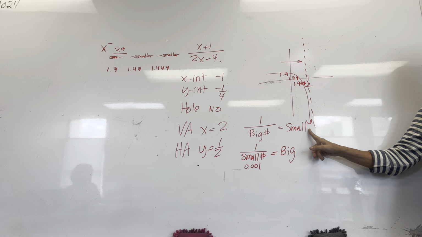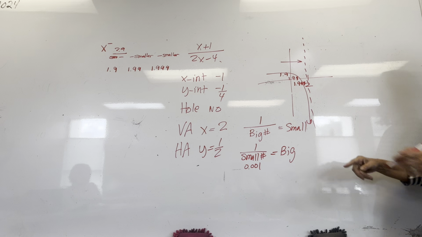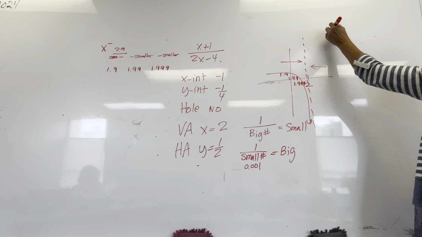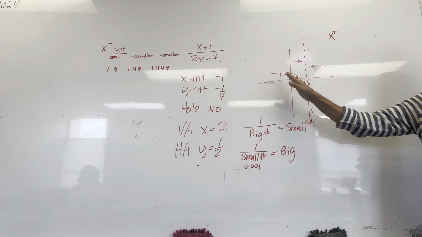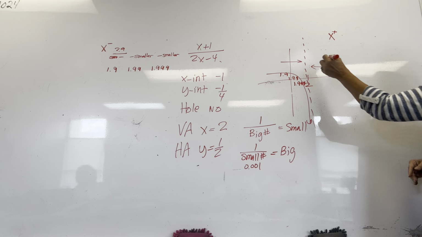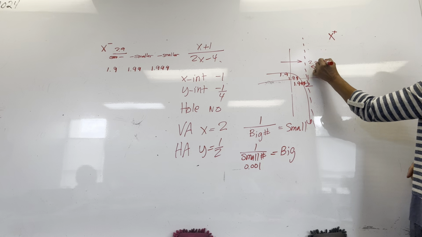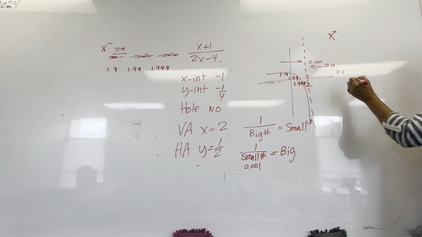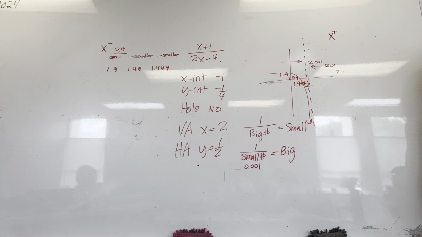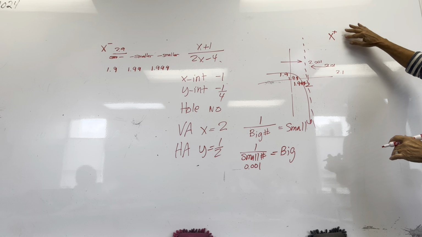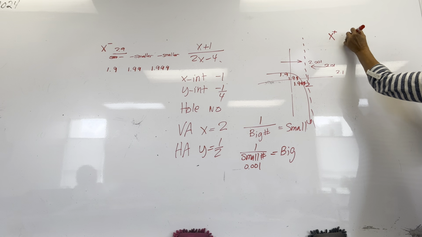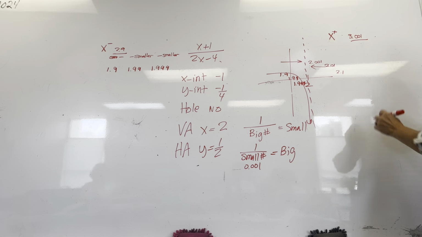Got it? Because that big little concept. All right, from the right, so as x approaches from the right, we're going to go just above 2. So we're going to look at 2.001, 2.01, 2.1. When I put in 2.01, we still have a positive number, right? 3.001.